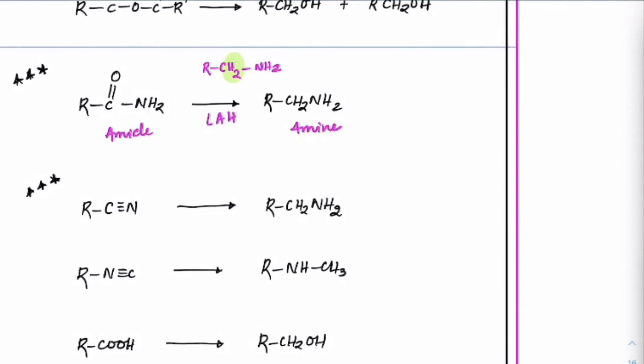Okay, getting completely reduced. Same thing, if you have cyanides also, they are getting converted into amines. So cyanides or nitriles, they are also getting converted into amines. Isonitriles or isocyanides, they are also getting converted into amines, secondary amines. So here it is a primary amine, here it is a secondary amine, that's all. Okay.